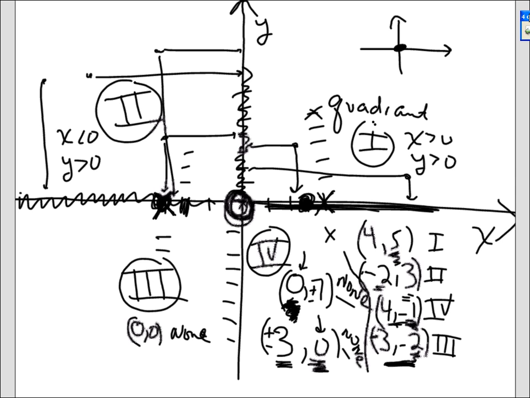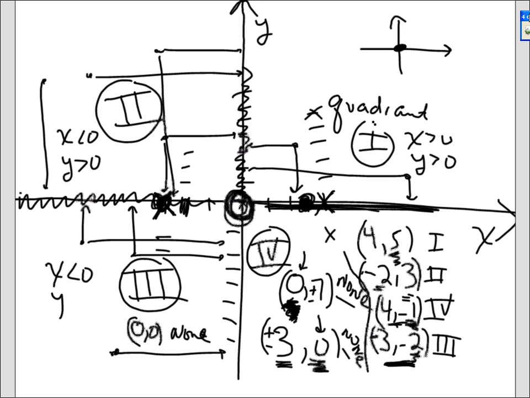X is negative in quadrant 2. In quadrant 3, you have the same x's. You have the negative x's. You know what? The y's are also negative. This point down here, the y value is negative. The y is also negative.